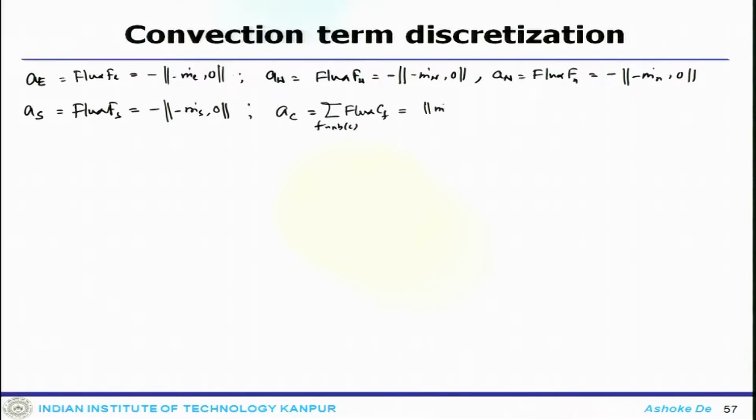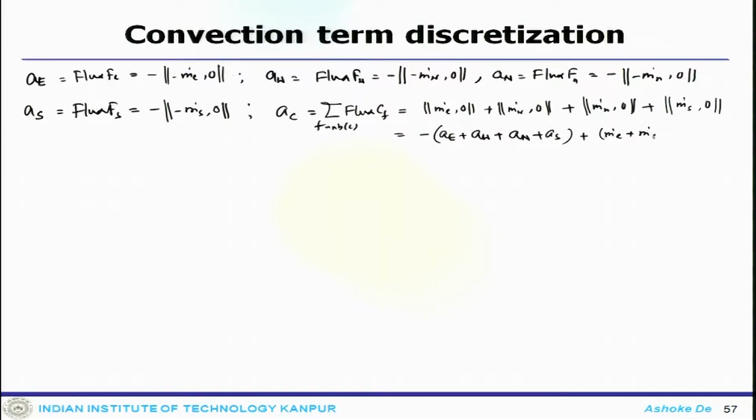That will be m dot E0 plus m dot W0 plus m dot N0 plus m dot S0. So, with a minus sign, that is AE plus AW plus AN plus AS plus m dot E, m dot w, m dot n plus m dot s.